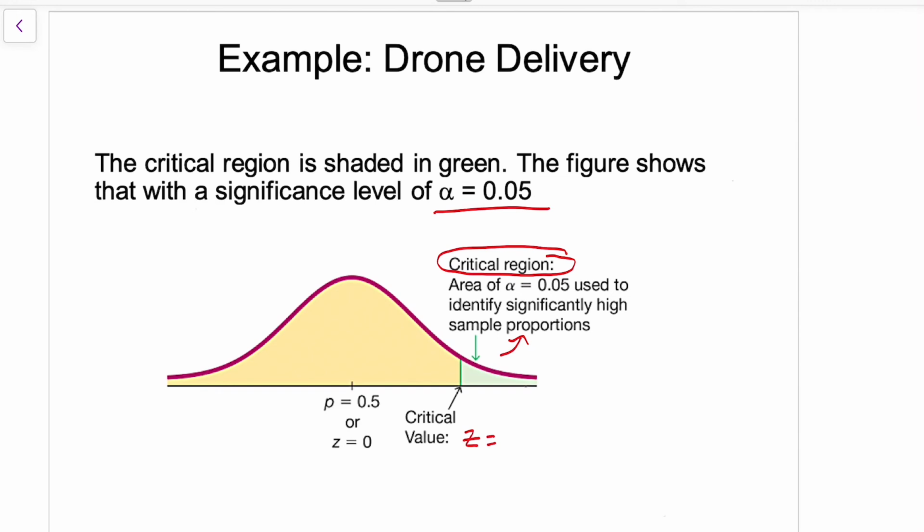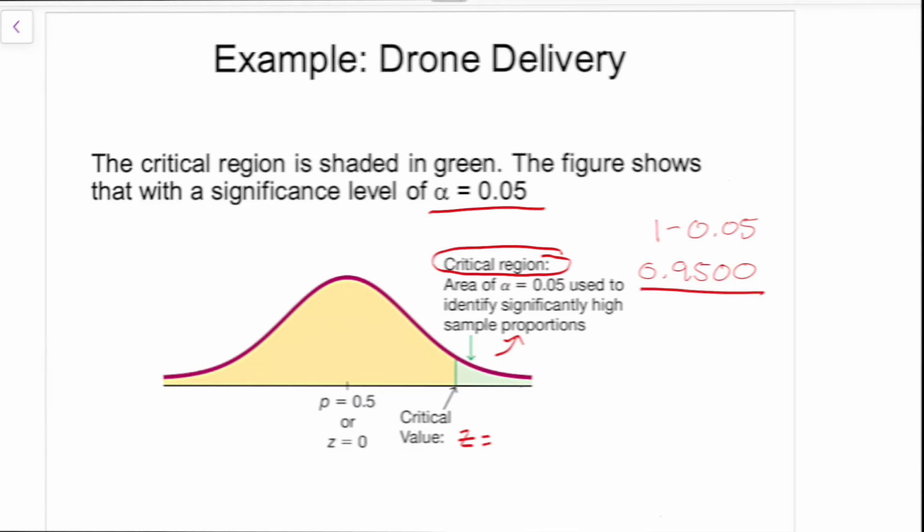But again, our table tells us areas to the left. So to compute that, I can just do 1 minus 0.05 and get 0.9500.